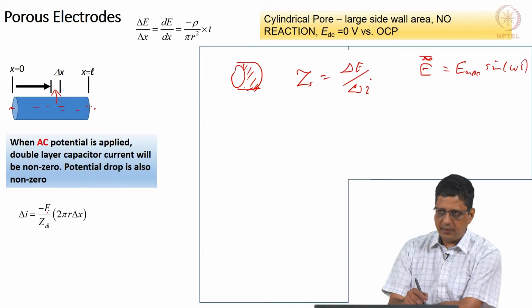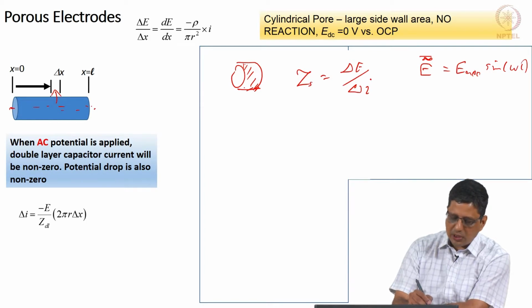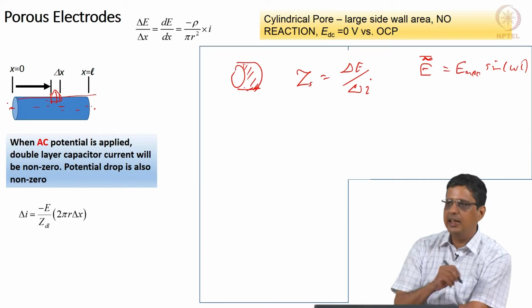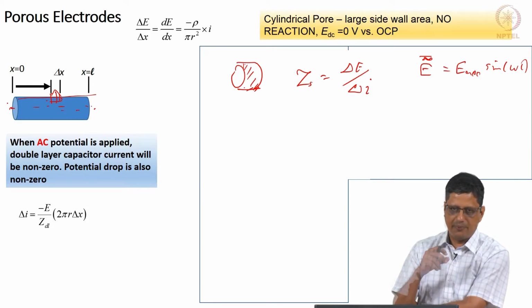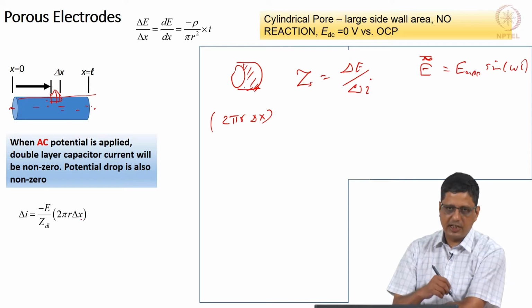So, the current that is going here is related to the potential and current density. Here del I means the amount of current that goes in a small section. If I integrate all the del I, I will get the total I. It is like the quantity of liquid flowing out of the porous pipe. In a small section, through the surface area of 2 pi r del x, how much current is going?